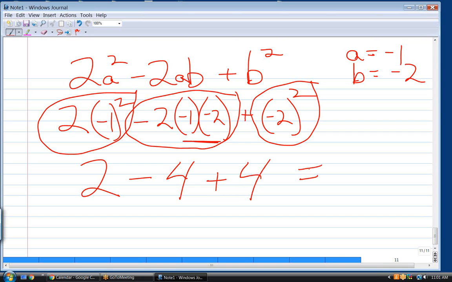Add it all together, what do you get? 4. No, the 4's cancel. In other words, -4 plus 4 goes to 0. You're left with 2. What about if they are the same sign, like +4 and +4? Then it would be +8. Okay. In other words, if I made that a plus, then it's 2 plus 4 plus 4, that would be 10.